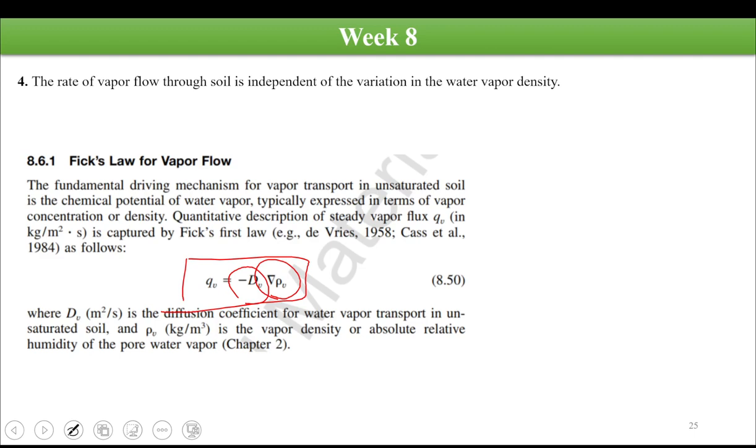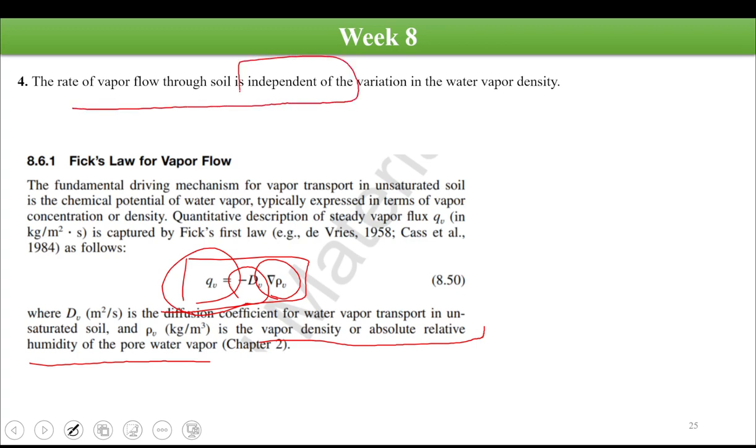Okay. So this rho v is actually the vapor density, or the absolute humidity of the pore water vapor. So this flow actually depends on this vapor density, water vapor density. The rate being independent may not be a correct statement.